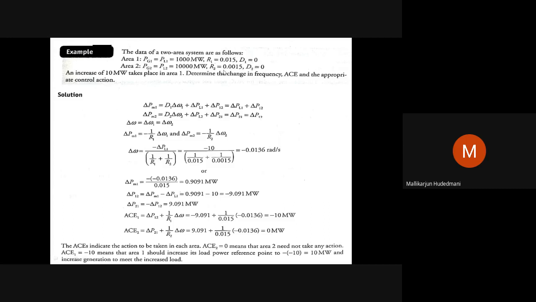R2 is 0.0015, and PG2 equal to PL2 at 10,000 megawatt load. An increase of 10 megawatt takes place in area 1. See, area 1 is experiencing a change in load. Determine the change in frequency, ACE, and the appropriate control action.